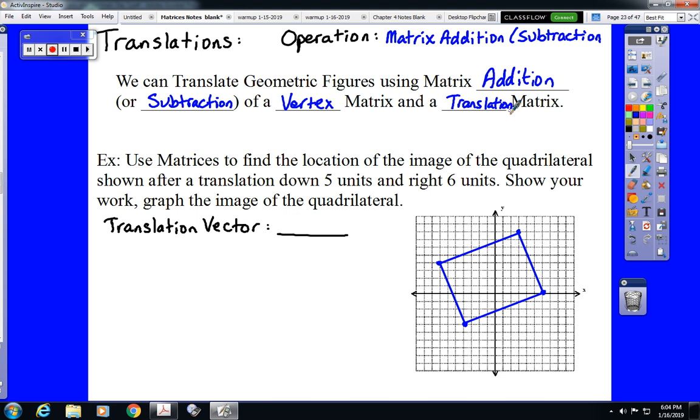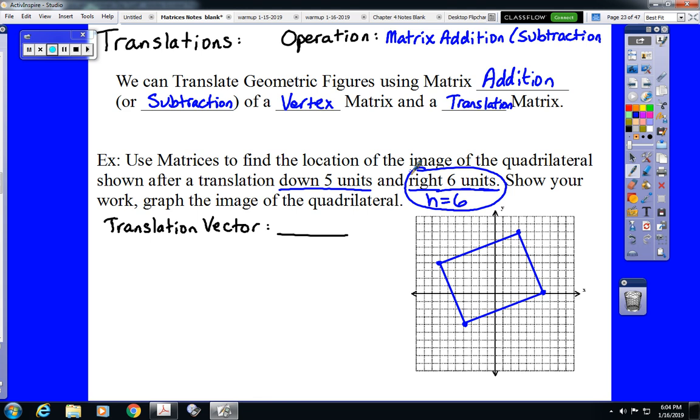So down here we have a rectangle, and we're being asked to find the location of the image of that quadrilateral after a translation down 5 units and right 6 units. So we talked about vectors, HK, in the previous semester. The first coordinate there, the H value, tells us left or right. In this case, we're moving right 6 units, so our H value is equal to 6.